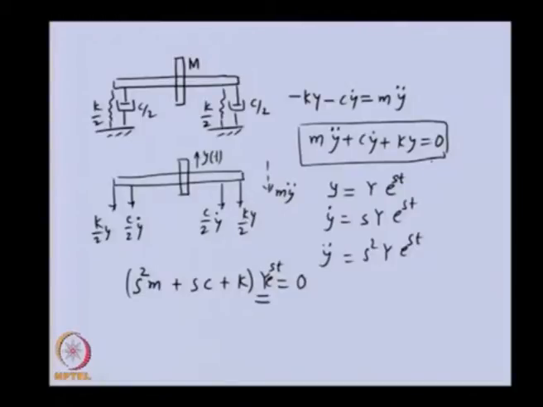These expressions cannot be 0, otherwise there will not be any motion. So, we need to put the terms within the bracket equal to 0, and this is called the frequency equation or characteristic equation. From this we can get the frequency of vibration. So, let us solve this equation.